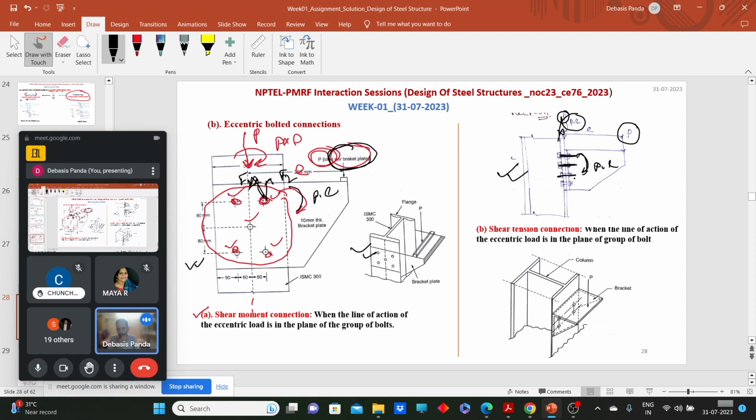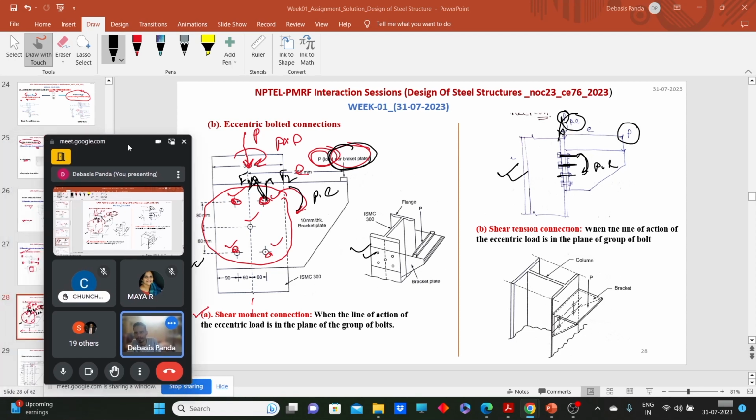So if there is a question asking which kind of connection this is, go for shear moment connection. But if shear tension connection is available in the options, go with that, because more precisely in these connections we need to consider the tensile strength of the bolt as well as the shear strength of the bolt. We will design the connection in the third week of the course.